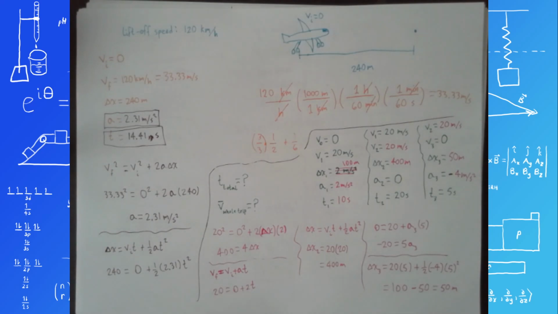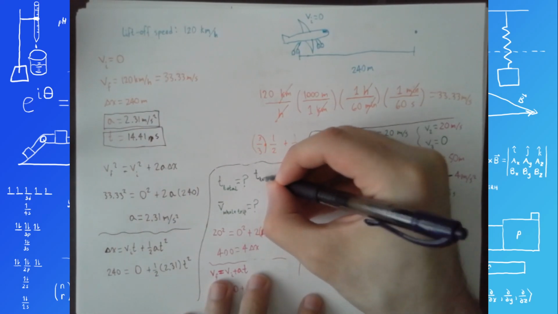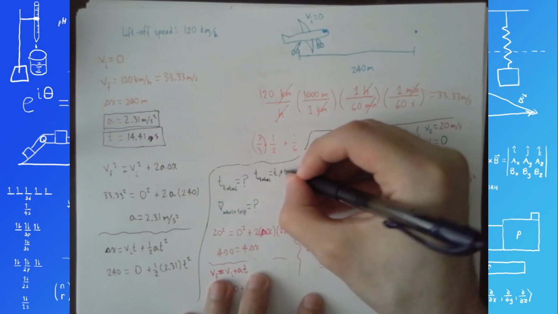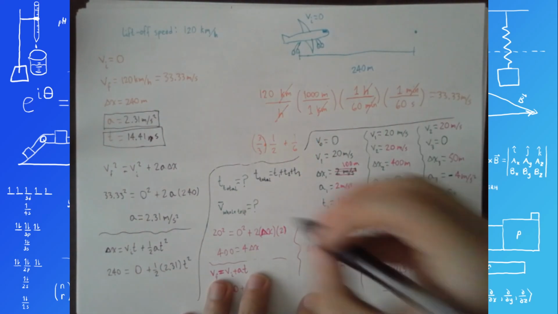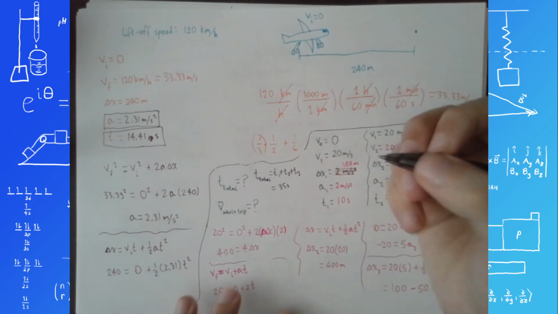Okay, and now we have everything we need to calculate the total time and the average velocity for the whole trip. The total time is just t1 plus t2 plus t3. T total equals t1 plus t2 plus t3 equals 10 plus 20 plus 5 equals 35 seconds.